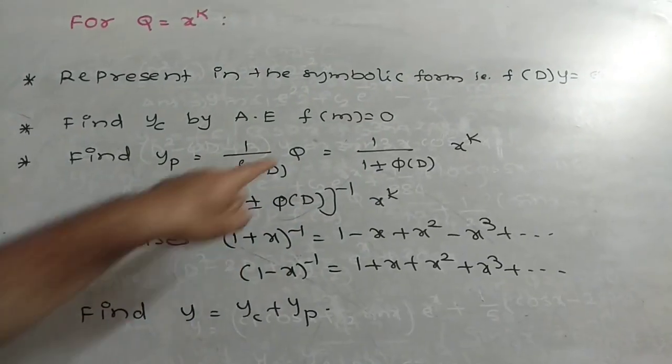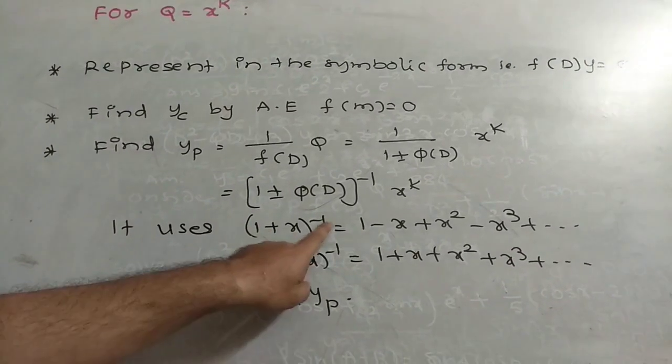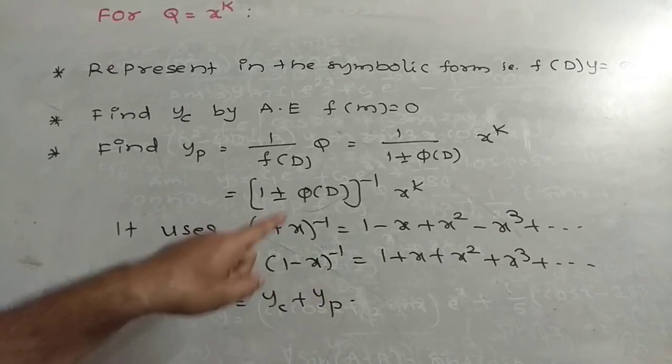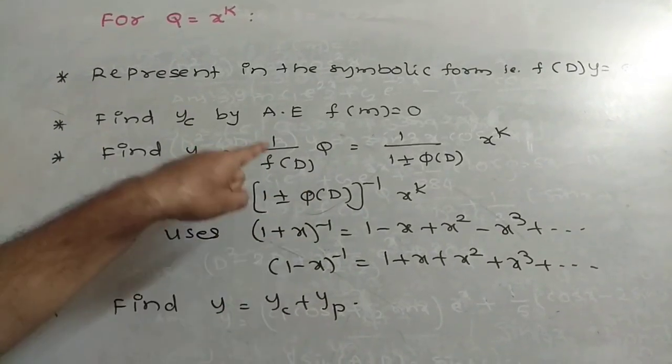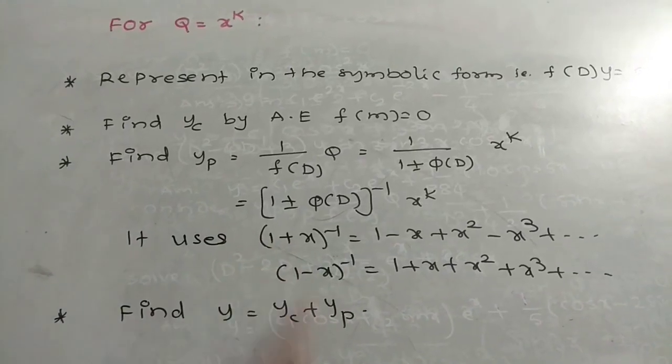So definitely this is going to use the principle either 1 plus x whole power minus 1 or 1 minus x whole power minus 1. So definitely you are converting that f of D in terms of either 1 plus x or 1 minus x.